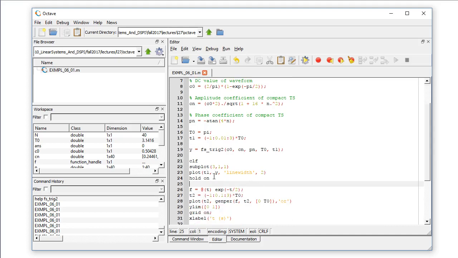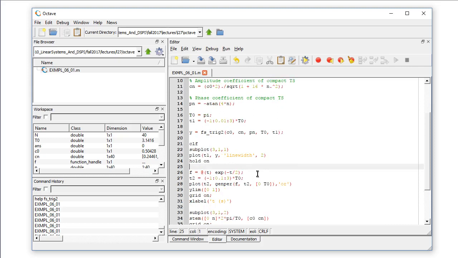The next section of code actually just plots that, and then we're going to compare that result to what we get from the original expression.